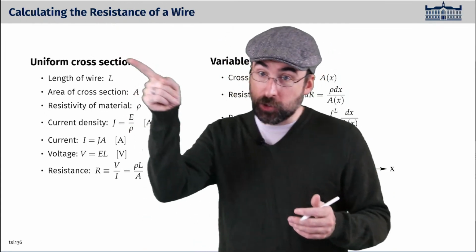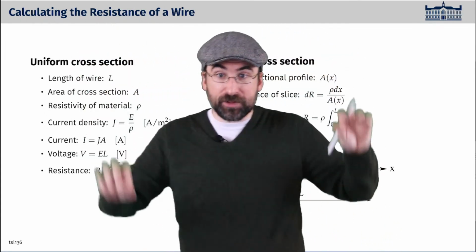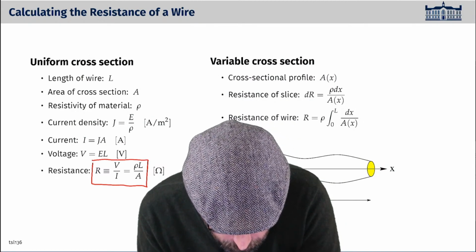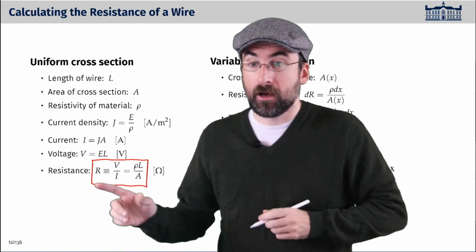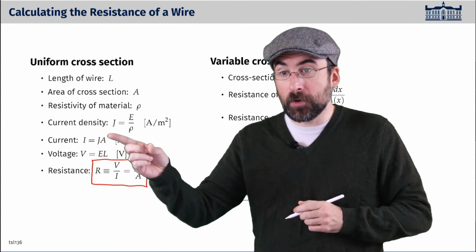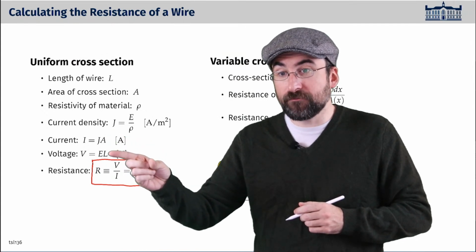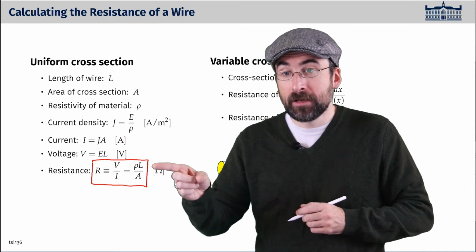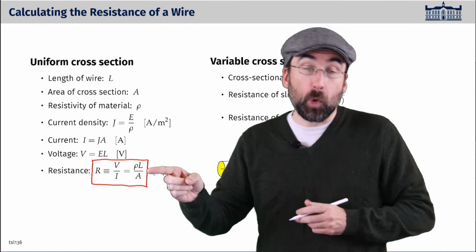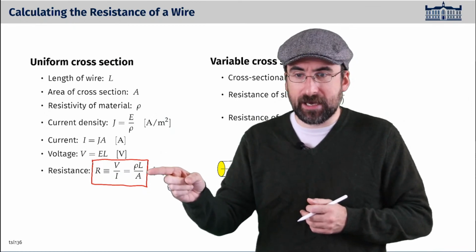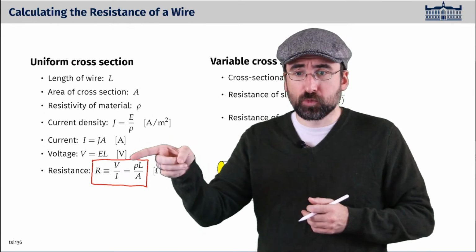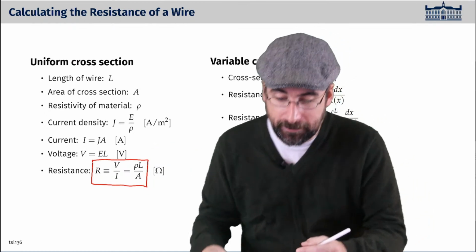And for a uniform cross-section, so that's assuming everything stays in the same shape, I can get the resistance of that wire by using my relationships between current density and current, voltage and the electric field, and then just applying Ohm's law. And when I do, for a uniform cross-section wire or resistor of any kind, I get that my resistance for that specific device is rho times L divided by A.